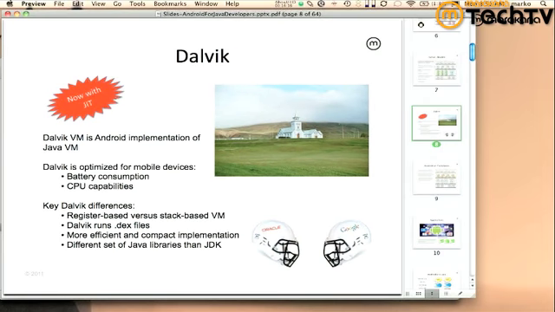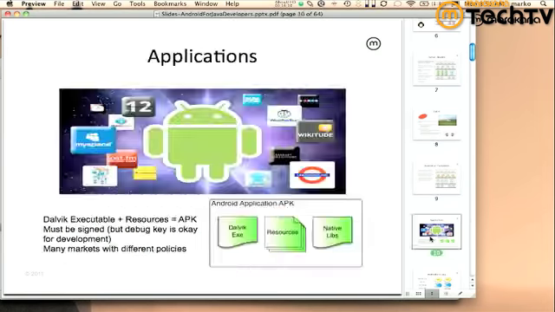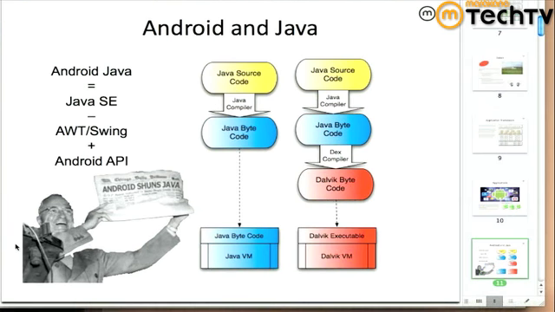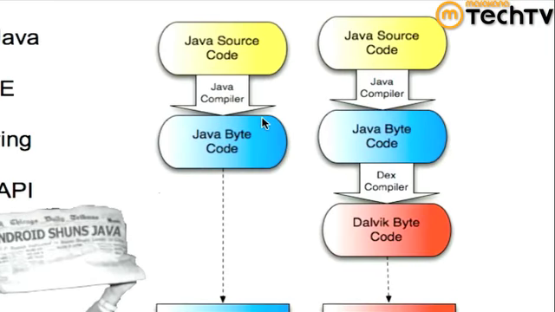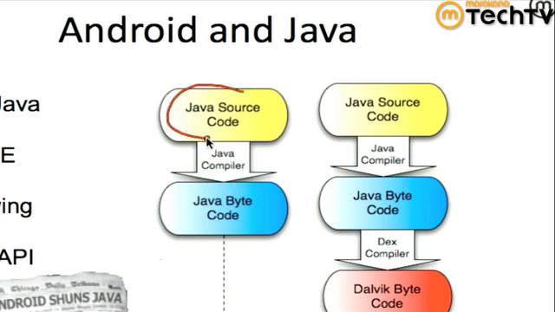All right, since you guys are so interested in that, let's move on to how Java and Dalvik are different. Let me start with this comparison here. As you guys know, in standard Java, you write Java code, right? This is your .java file.